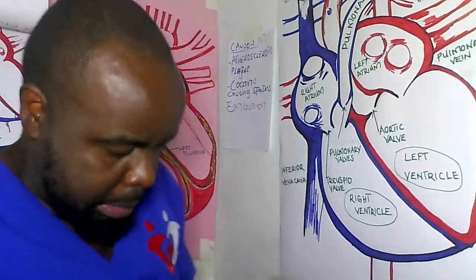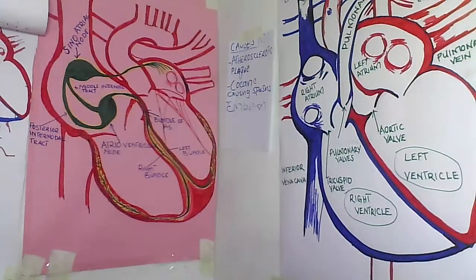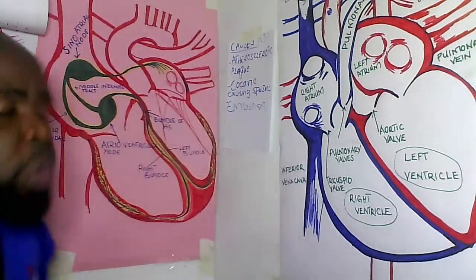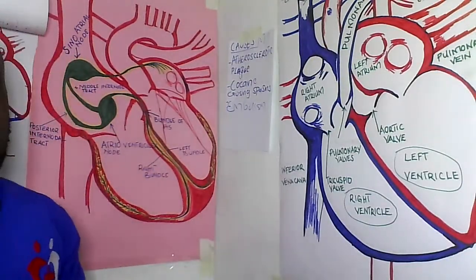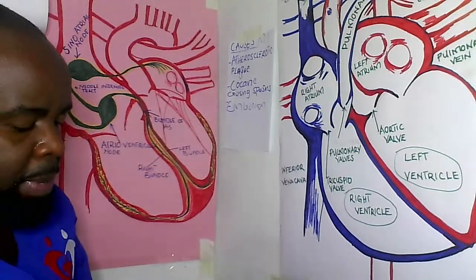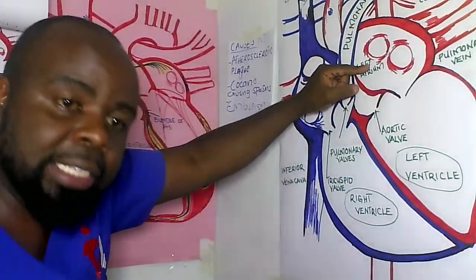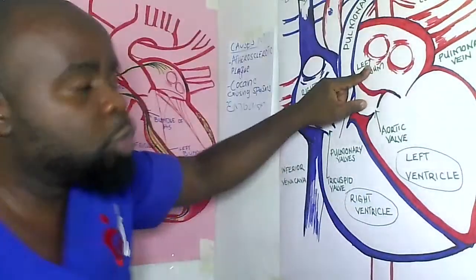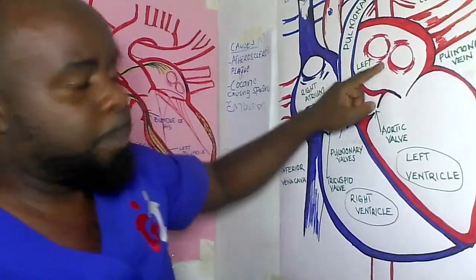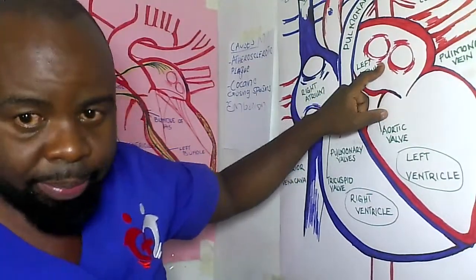There is another thing called ductus arteriosus. Remember, from the liver to here, to that hole that a child has in the womb, now blood goes to another one called ductus arteriosus.